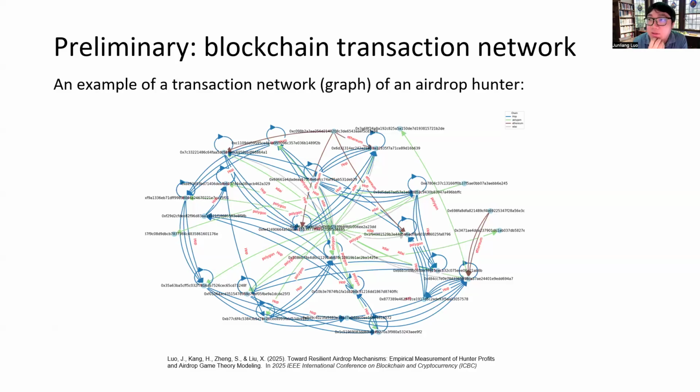Airdrop means a free token offer. When some new protocol starts, for the early users they offer some free tokens, or you just register on social media and they give you some free tokens. This is like promotion, right? Like in real life, a new restaurant opens and they give you some early promotion.